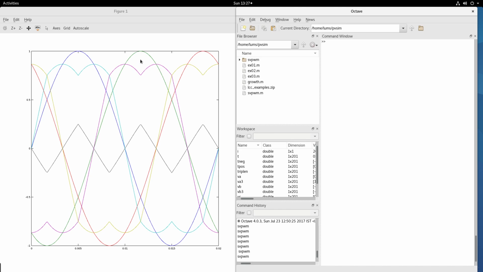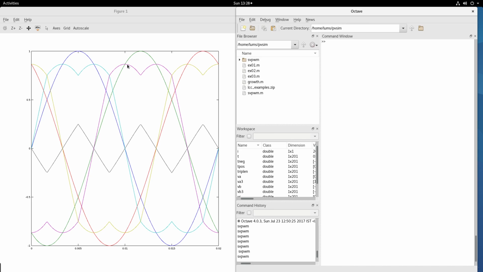The top is flattened out, and the modulation level has come down. For a fundamental of 1 unit, the modulation required with the triplen injected modulating wave is much lower, let's say 0.86.